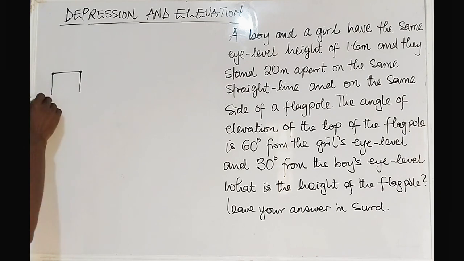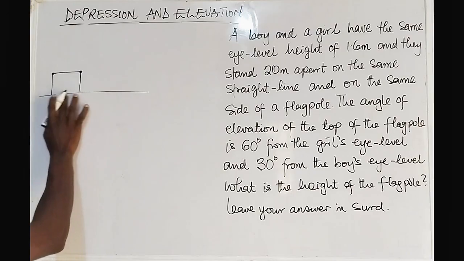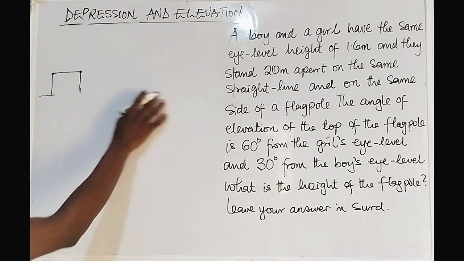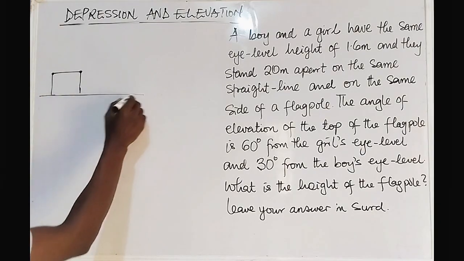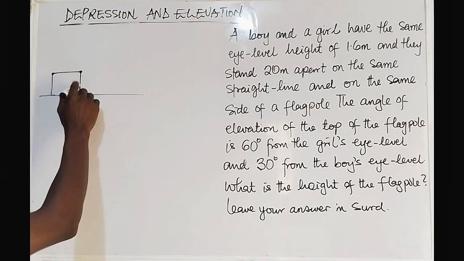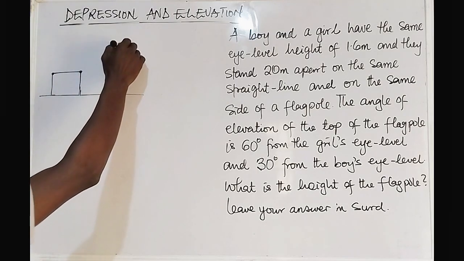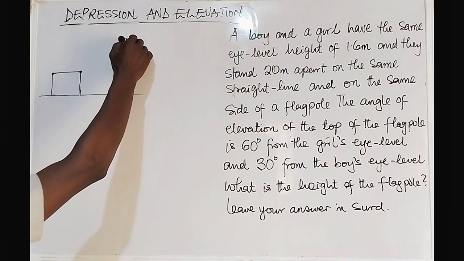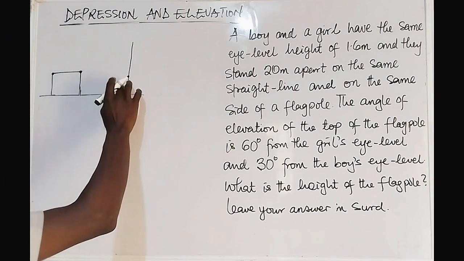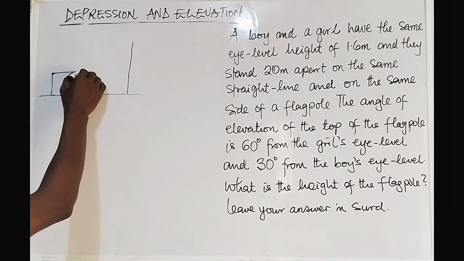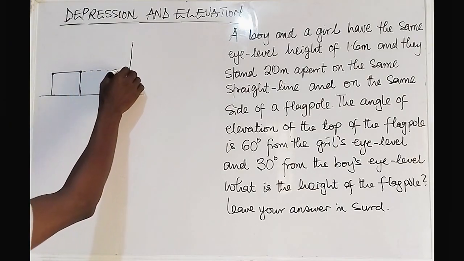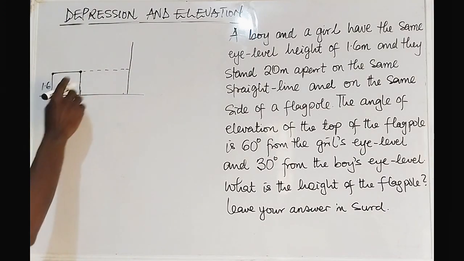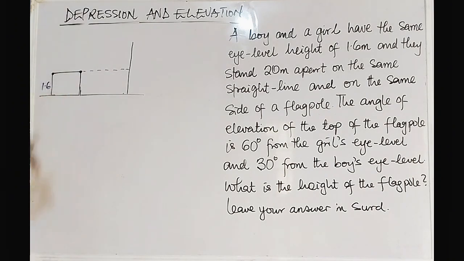Now on the same ground level, pardon my drawing, now let us have this as the pole. All right, so the same eye level. Now this is 1.6, which also makes this one 1.6.